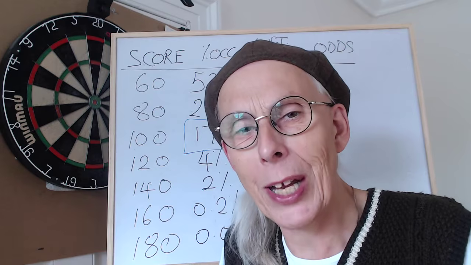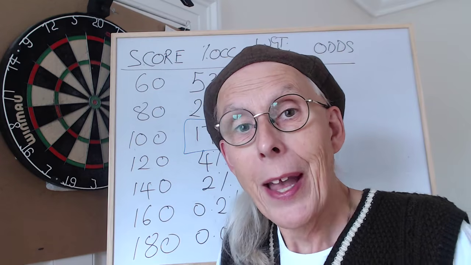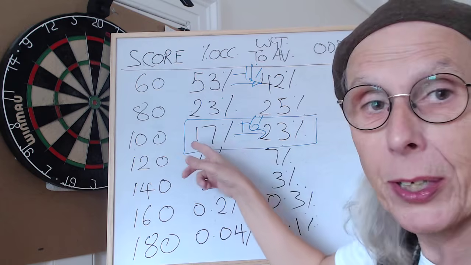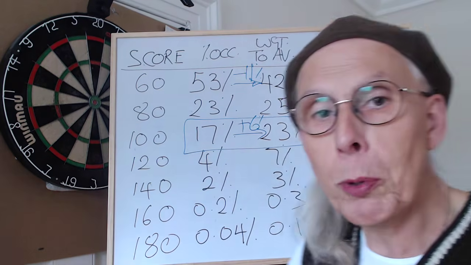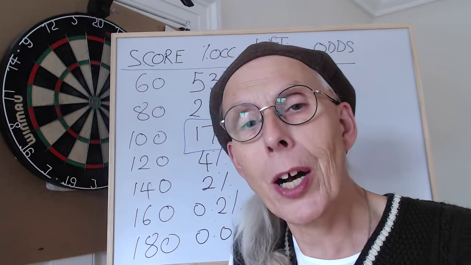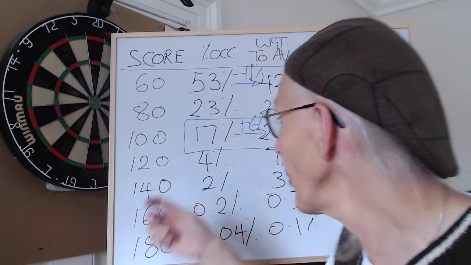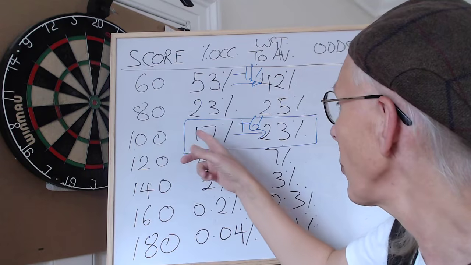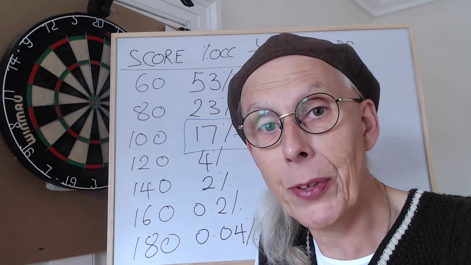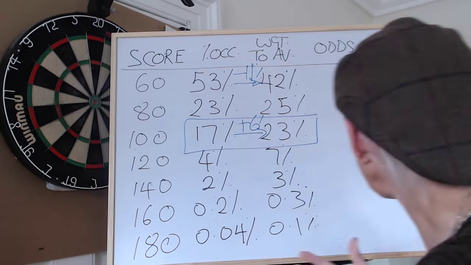People are very satisfied with a ton. And even though Tony gets a ton 17% of the time, it contributes almost a quarter to his average score. So it works hardest for you in a way. I think the ton is the number that works hardest for you in building up your average score. So I think that's quite an interesting feature.